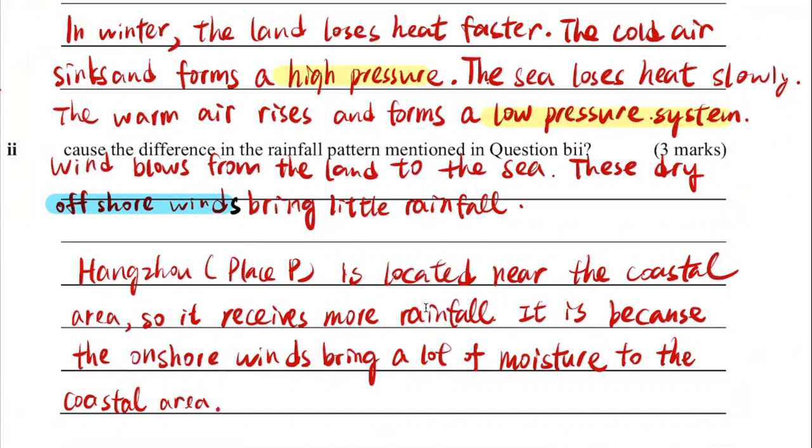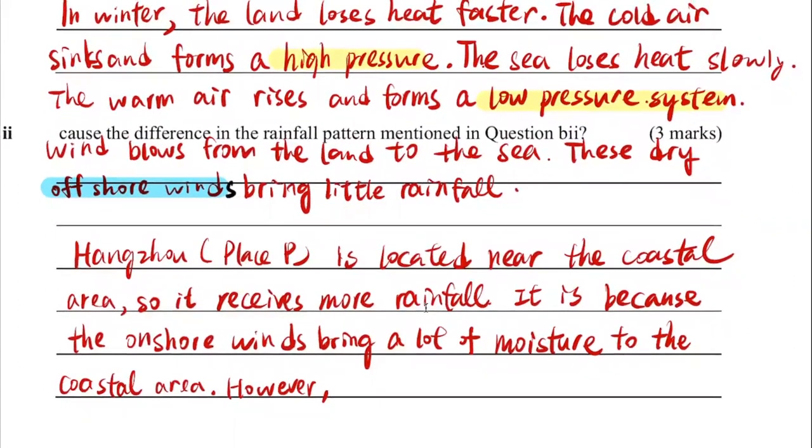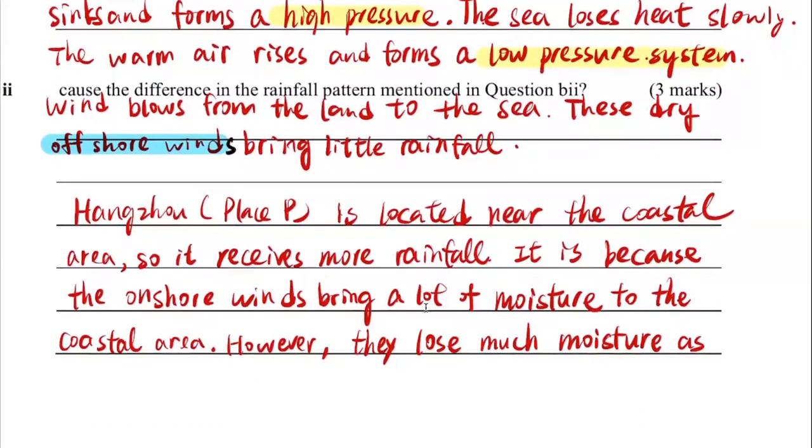But however, will every place receive the same amount of moisture? Of course not. It is a first come, first serve basis. So we should say that however, they lose much moisture as traveling inland.